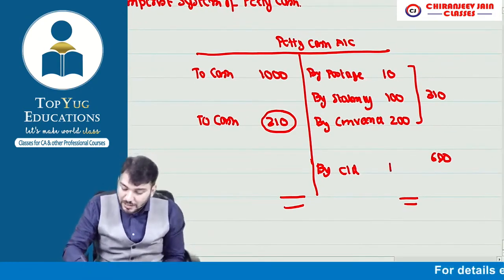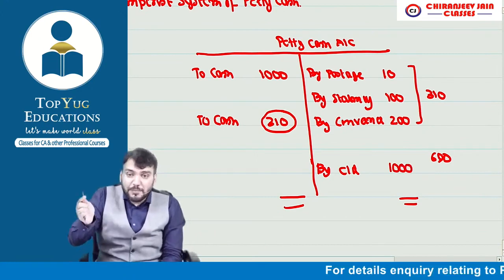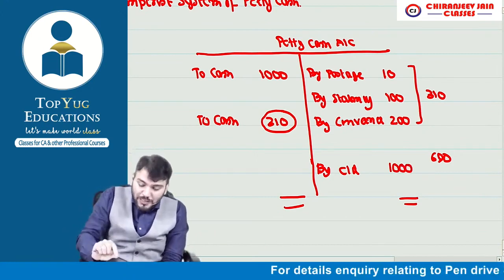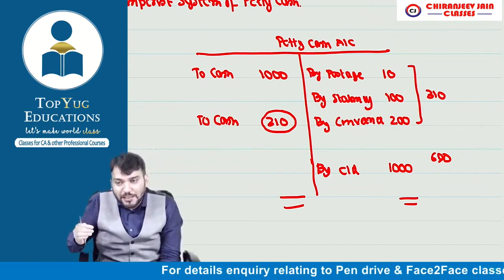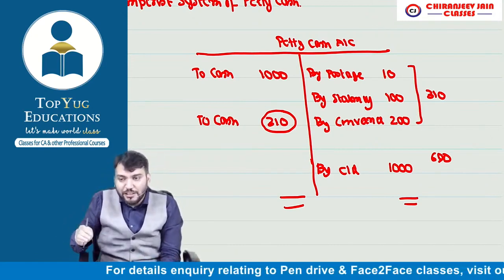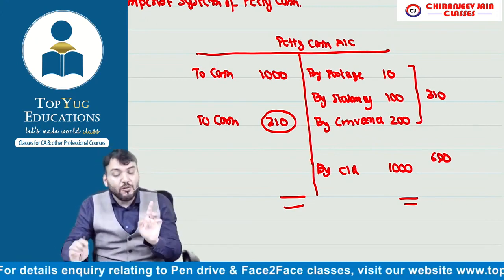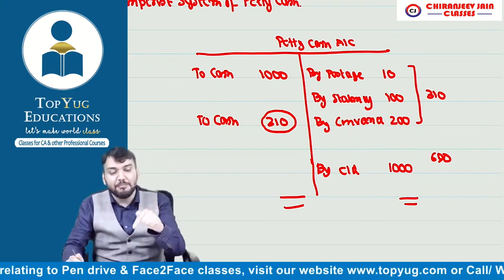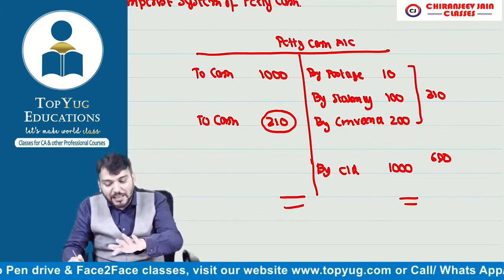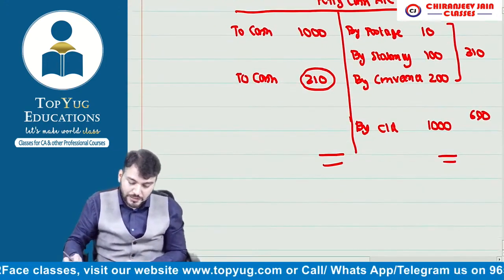Correct. तो can I say under impress system, opening balance and closing balance will be always same? Means at the beginning of the next month, once again petty cashier will have 1000 rupees. So under impress system, normally the main cashier will reimburse the payment made by the petty cashier during that period. Understood?